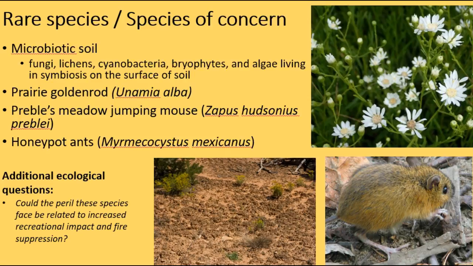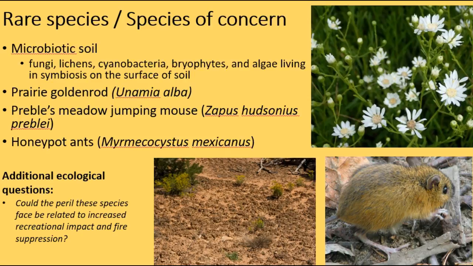So, microbiotic soil. It is possible that this covered all the bare ground in the park. This is a very delicate symbiosis of fungi, lichen, cyanobacteria, bryophytes, and algae living on the surface of the soil. This can prevent the effects of erosion, but once you step on microbiotic soil, it is destroyed.